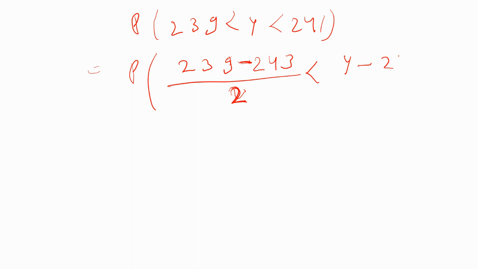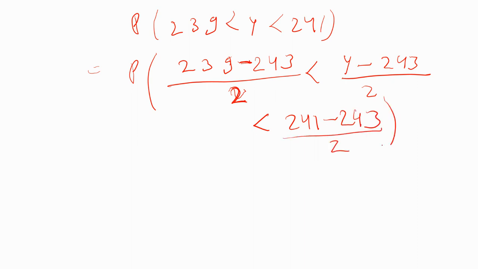It will be y minus 243 divided by 2, less than 241 minus 243 divided by 2. So ultimately this will be minus 4 by 2, so it will be minus 2. This will be z, and this will be minus 1. So it is between minus 2 and minus 1.